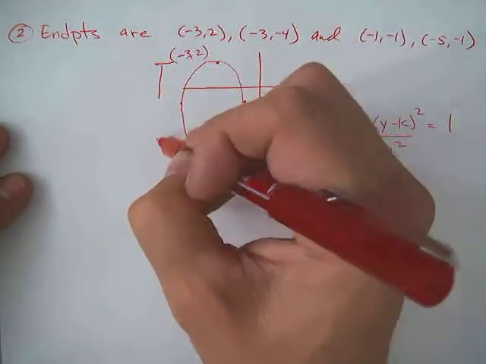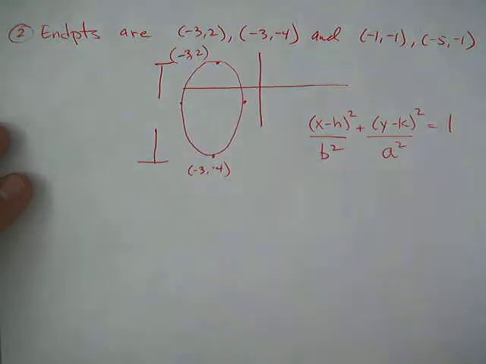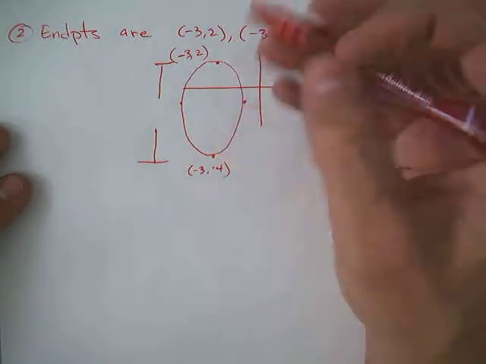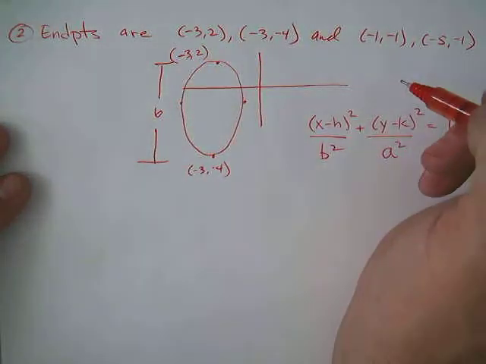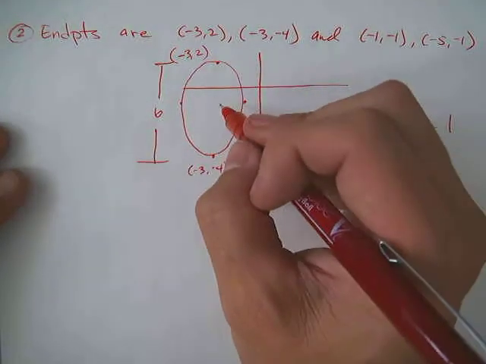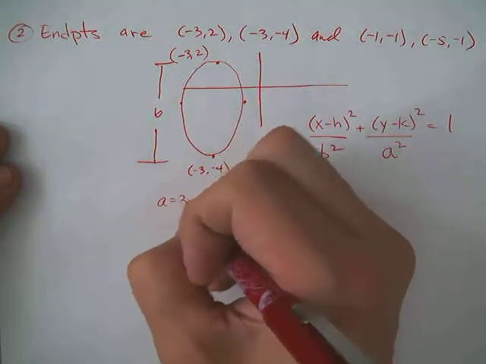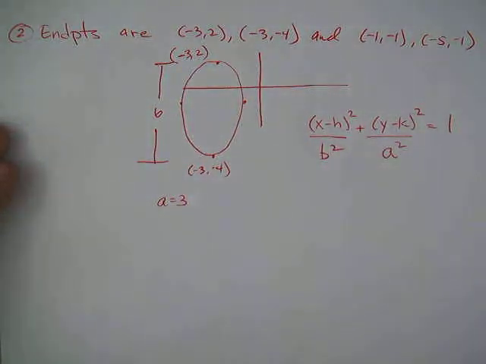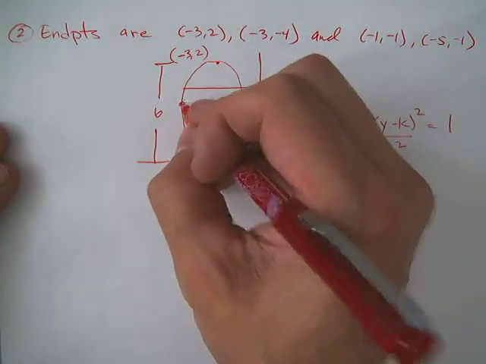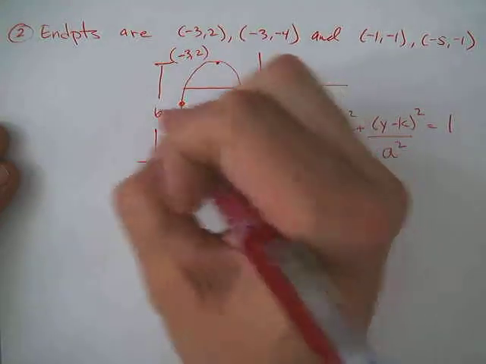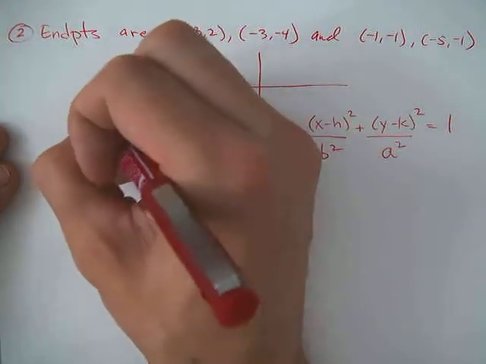If this is way up here at (-3, 2), and this is all the way down here at (-3, -4), the distance from here to here, well, let's see, this is up 2 and that's down 4, so that distance is 6. Now remember, a is half that distance, so a is going to end up being 3.